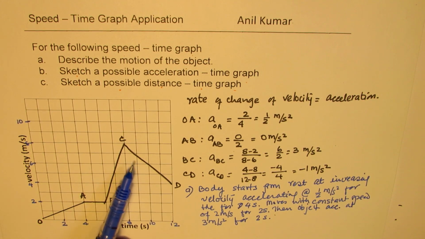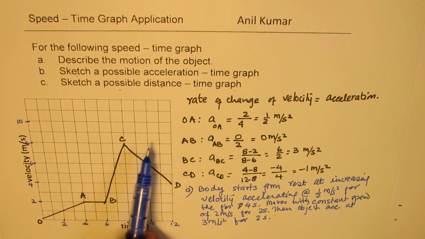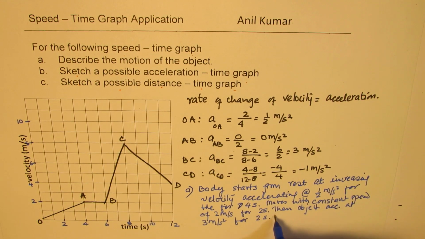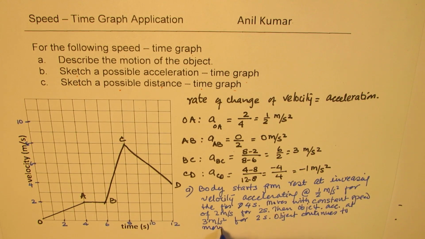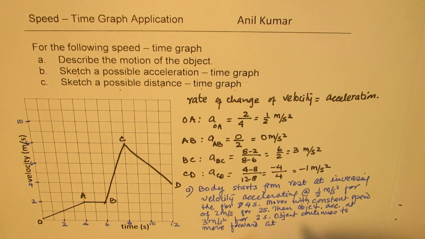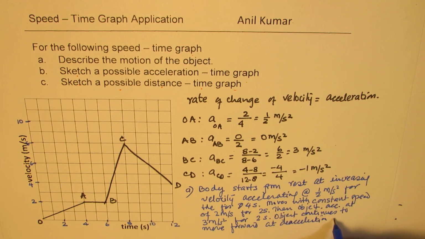And then the velocity drops. Now it is still positive, but it's dropping, correct? So the object is still going further away. Distance is increasing. The object continues to move forward at a deceleration of negative 1 meters per second square.